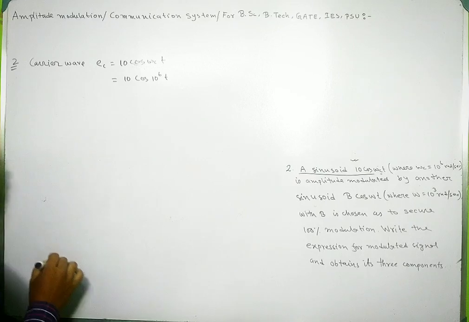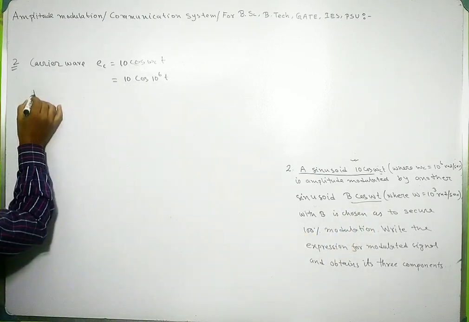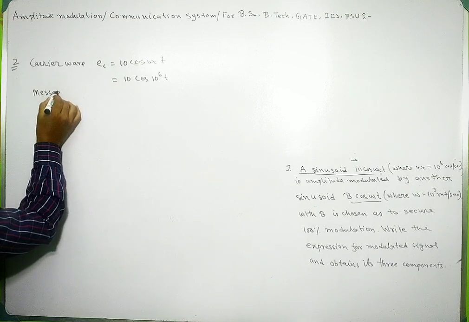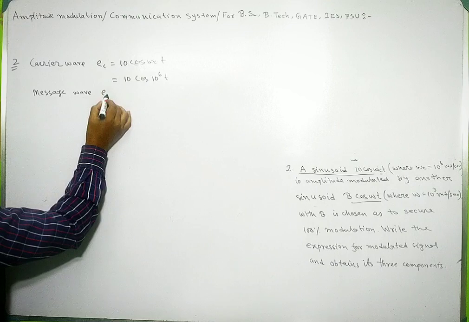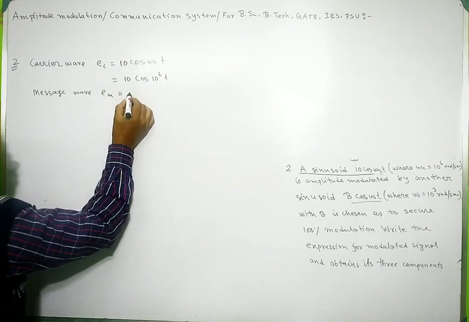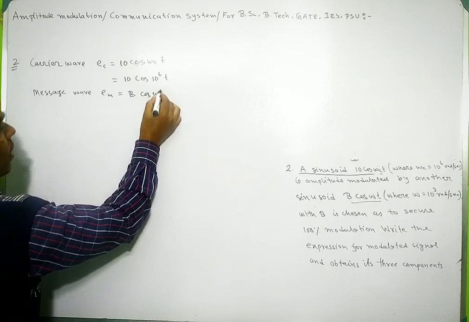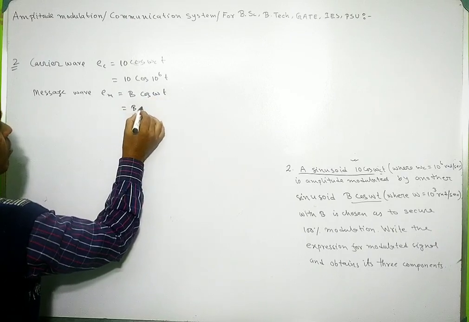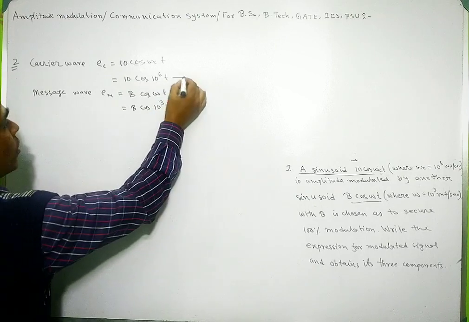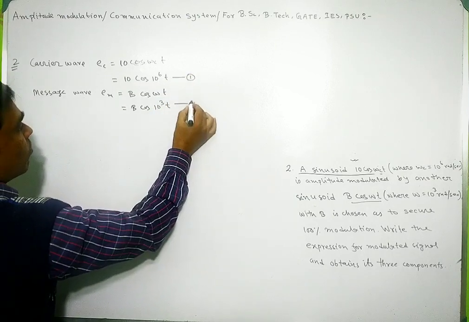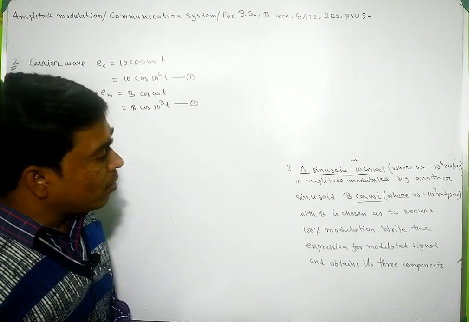Okay, and the message signal wave is given by this. What is this? This is b cos omega t, and omega is given by 10 to the power 3 t. This is equation number 1, this is equation number 2. This is carrier and this is message signal.